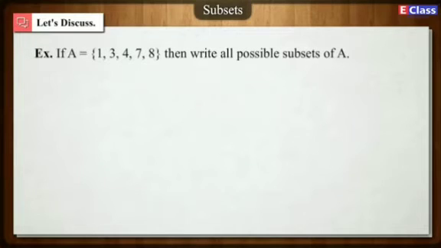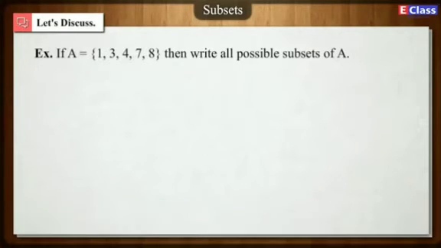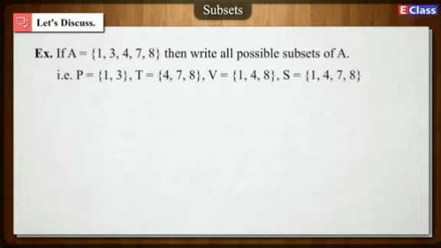Let's discuss some more examples. 1. If A = {1, 3, 4, 7, 8}, then write all possible subsets of A. That is, P = {1, 3}.